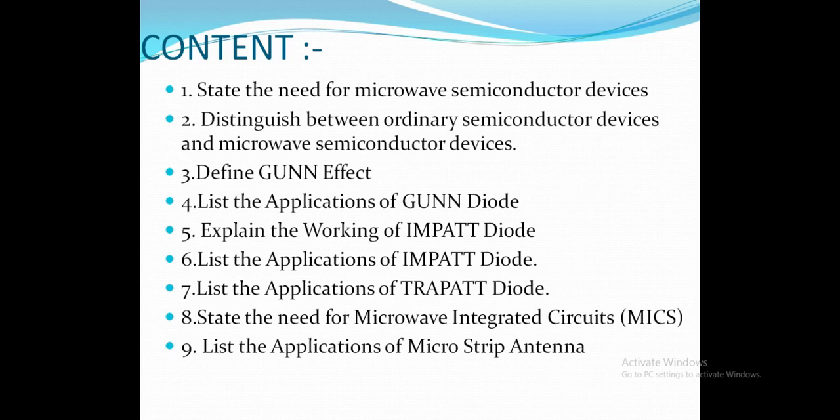In this video lesson, I am going to discuss: state the need for microwave devices, distinguish between ordinary semiconductor devices and microwave semiconductor devices, define Gunn effect, list the applications of Gunn diode, explain the working of IMPATT diode, list the applications of TRAPATT diode, state the need for microwave integrated circuits, that is MICs.